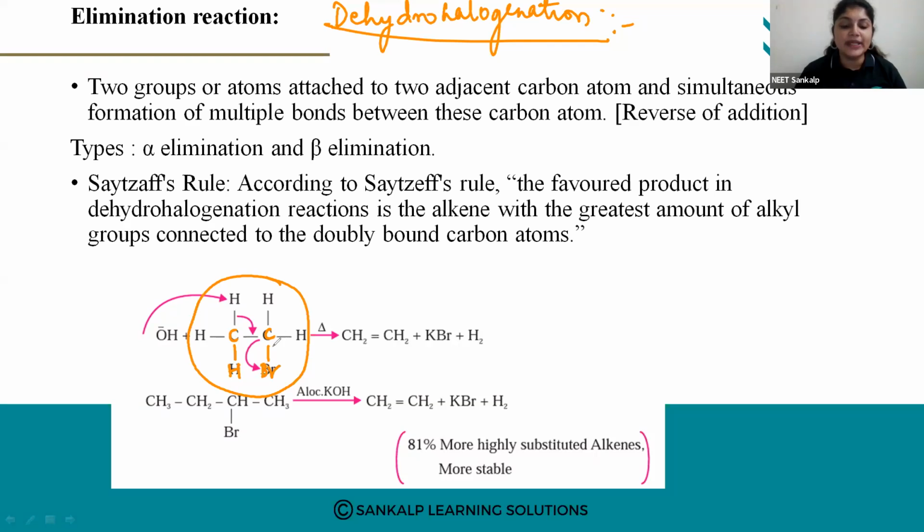When they have a beta hydrogen and alkyl halides are heated with alcoholic KOH, it eliminates the hydrogen halide to form alkene. You can see the reaction.